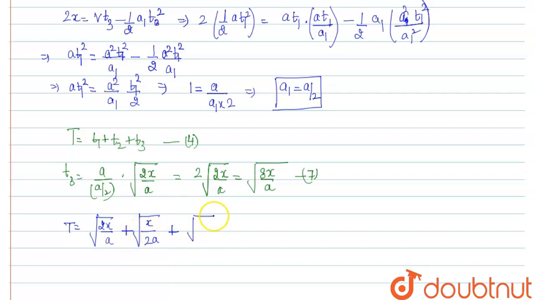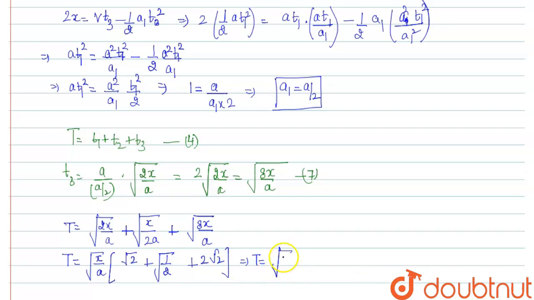Plus T3 is equal to root of 8x upon A. So T is equal to, we take here common, square root of x upon A. In bracket it is equal to root 2 plus 1 upon root 2 plus root 8 is equal to 2 root 2. So we solve in the next line that T is equal to square root of x upon A.